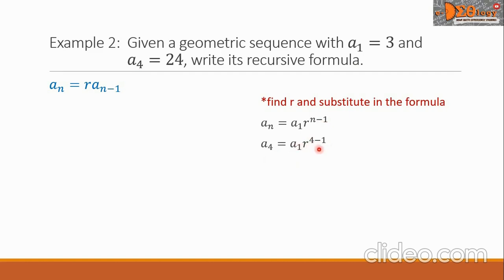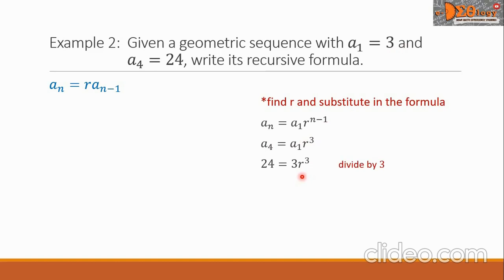And this 4 minus 1 is simply 3. Now, let us substitute the values a sub 4 and a sub 1 respectively. So we have now 24 equals 3 r cubed. And then let us solve for r.